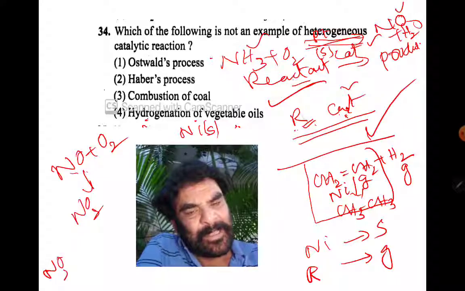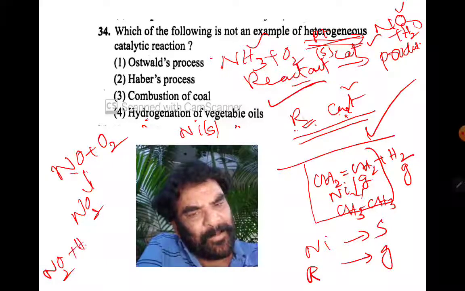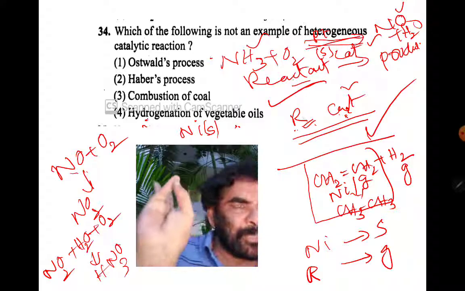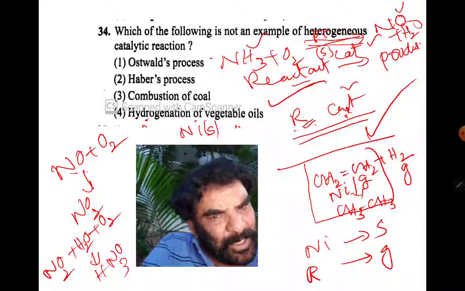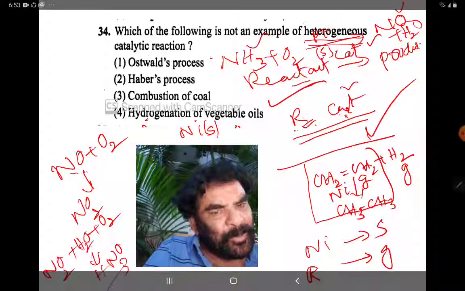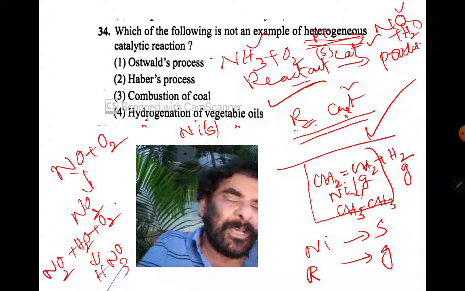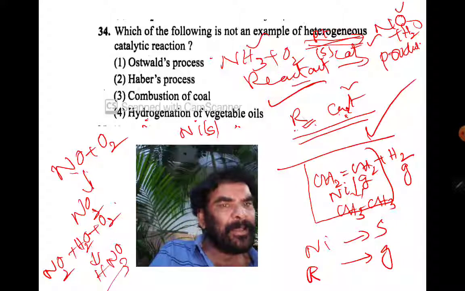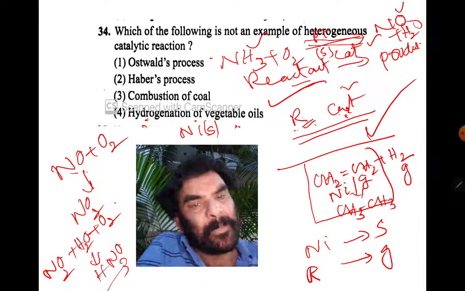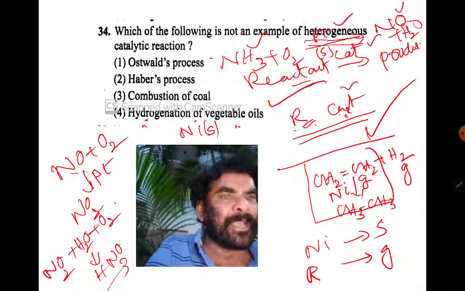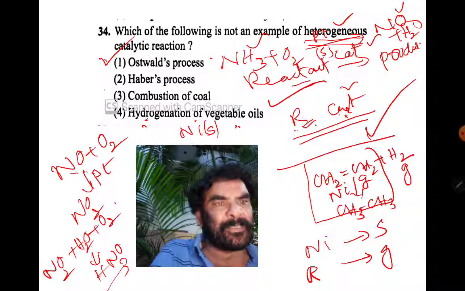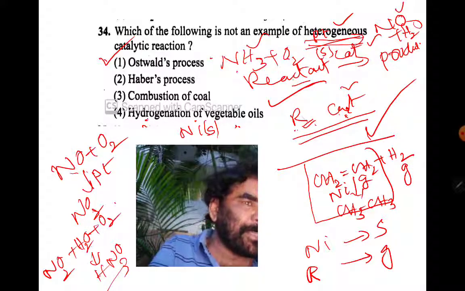This nitrogen dioxide reacts with water in the presence of oxygen to give HNO3. These are the three steps: ammonia oxidation to NO, NO oxidation to NO2, and NO2 dissolution in water in the presence of oxygen to produce HNO3. Here platinum is used as the catalyst. This is heterogeneous: ammonia is a gas and oxygen is a gas.